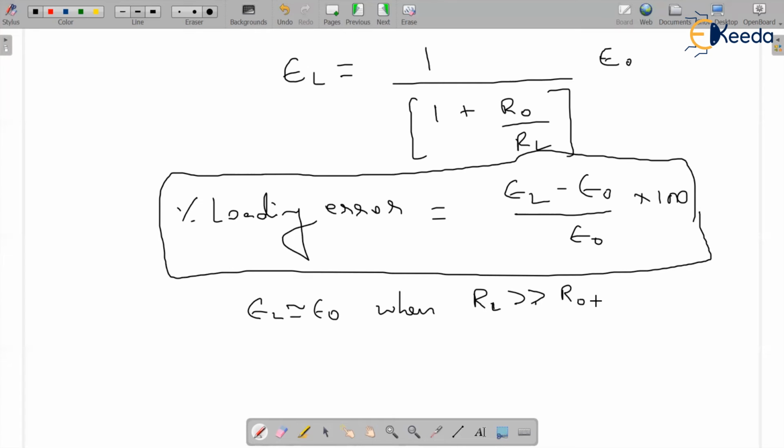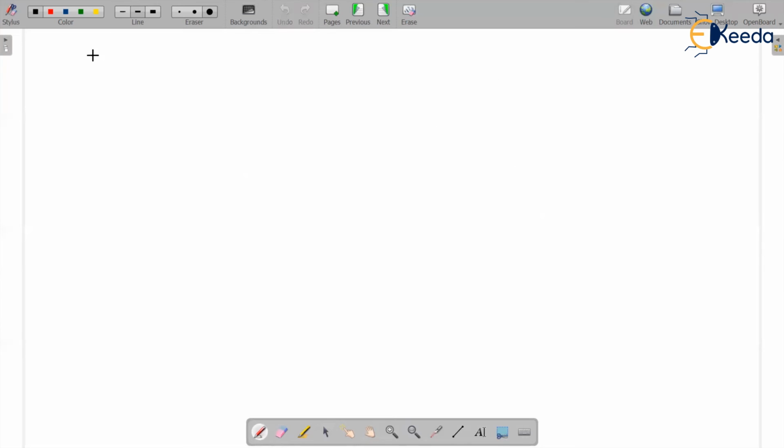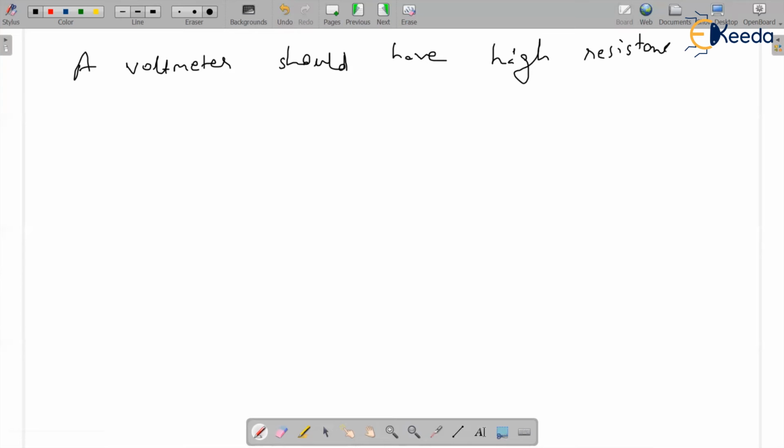Okay, now next, a voltmeter should have high resistance based on the loading effect.